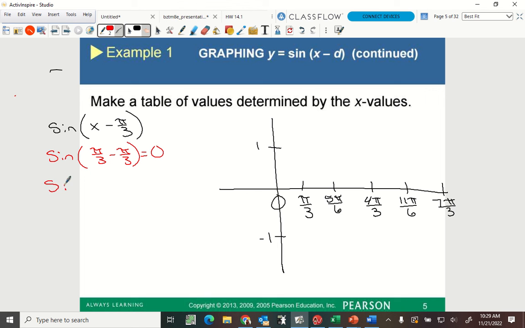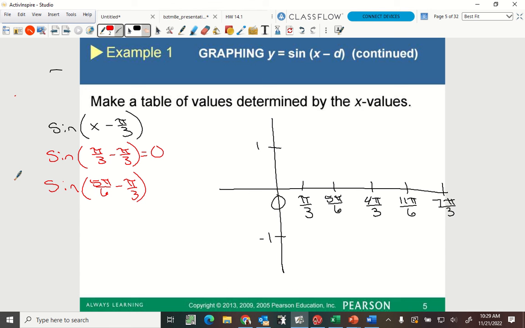So next one is going to be sine at 5 pi over 6 minus pi over 3. Now, I can kind of help you out here. If you're not very good at math, if I want this to be over 6, wouldn't I just double this? Wouldn't it be 2 pi over 6?